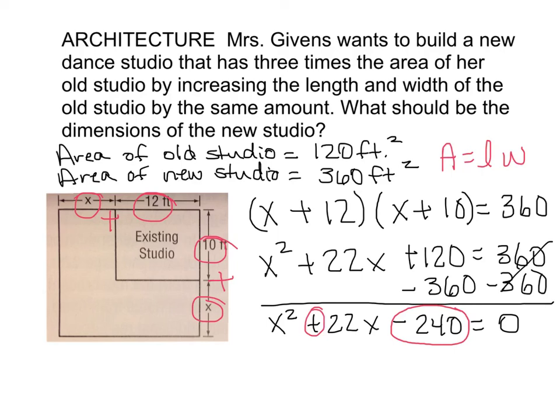So we're going to have x times x, and over here we're factoring 30 times a negative 8. And of course, when I added those together, that would give me the 22. So I'll have x plus 30 times x minus 8 equals 0.